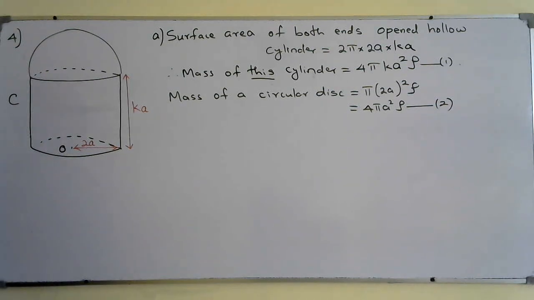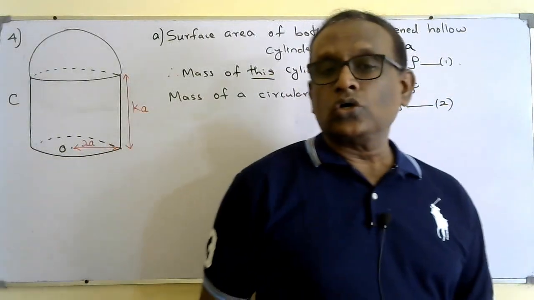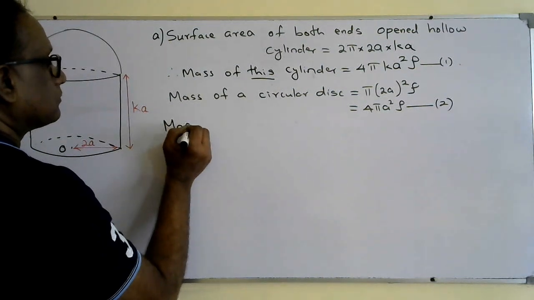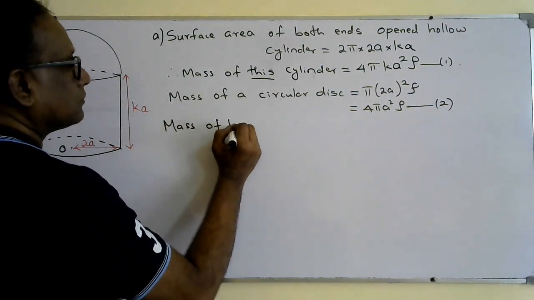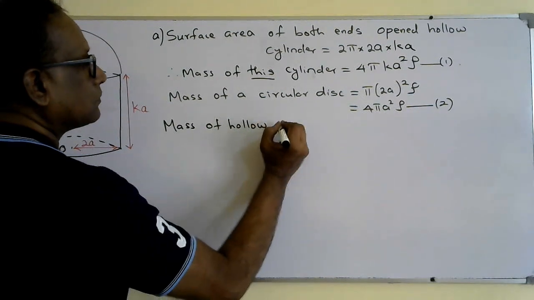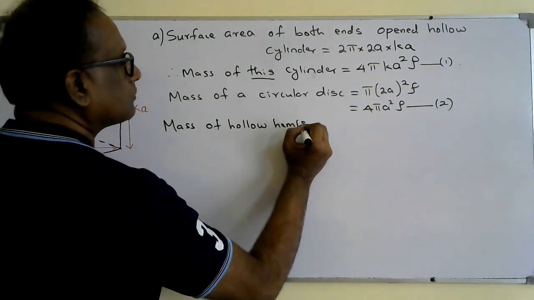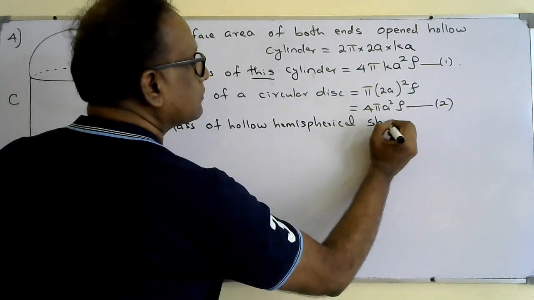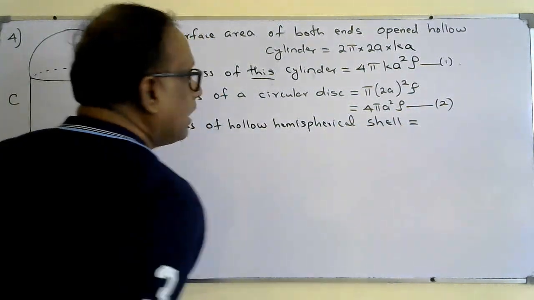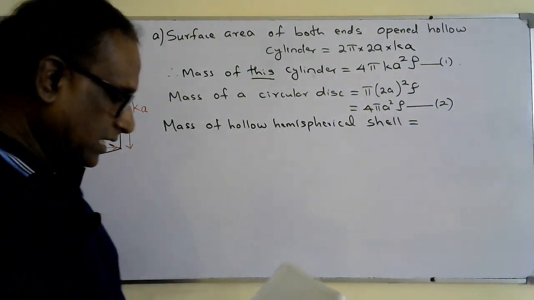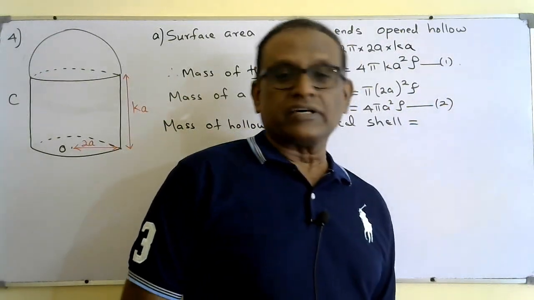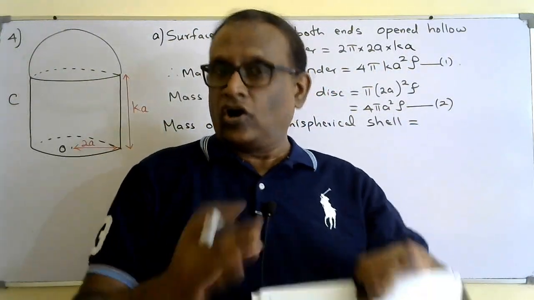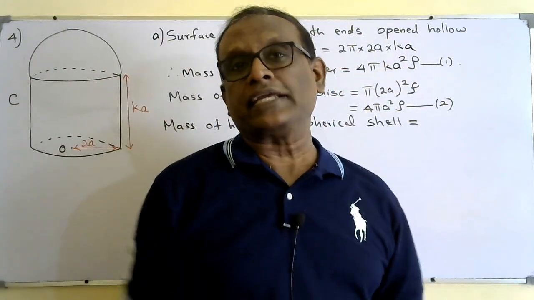Okay, so the mass of the hollow hemispherical shell, I need to find its surface area. For a hollow sphere the surface area is 4 pi r squared.